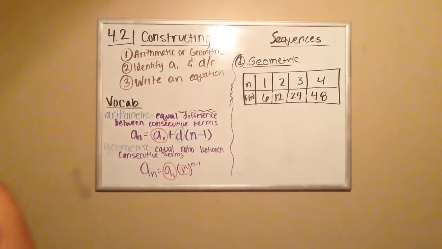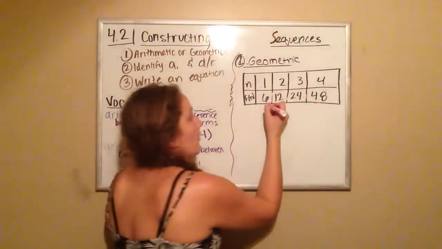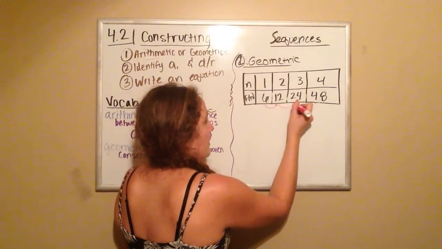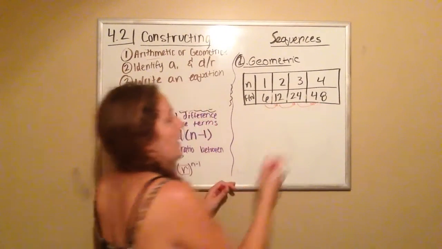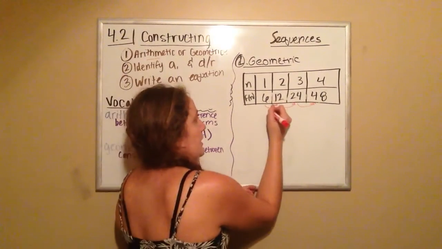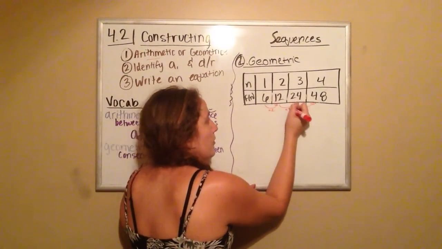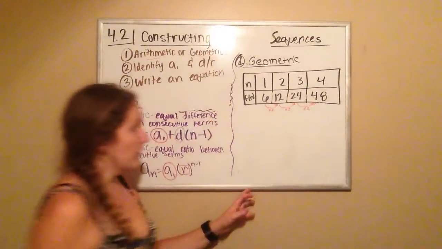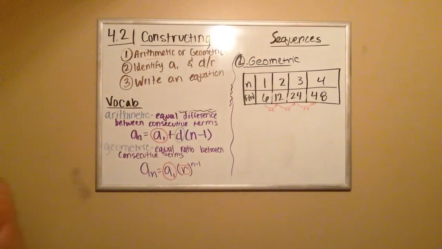We already know it's geometric, because I told you. So we're going to figure out what's happening each time to get to the next number. What are we having to multiply by each time? Well, to get from 6 to 12, we multiply by 2. And we just have to make sure that works for all of them. Yep, works for all of them. Cool. So we're good there, we got our rule.